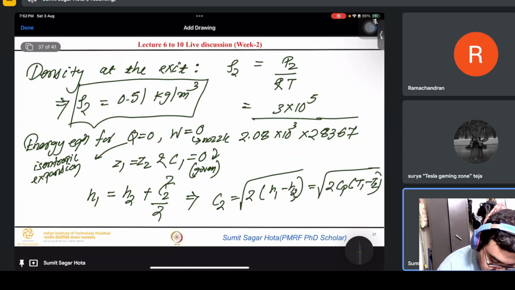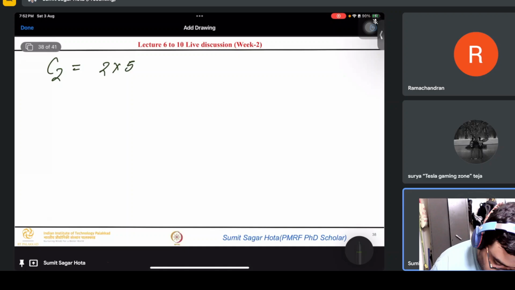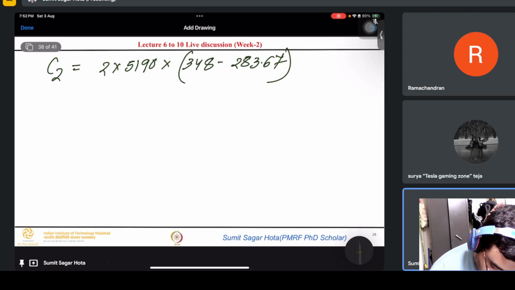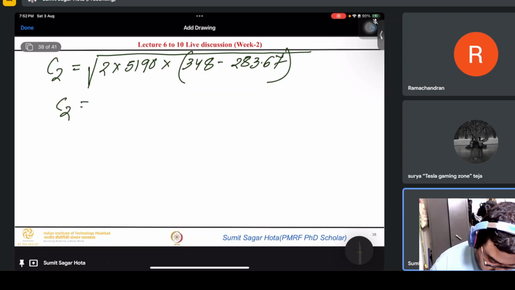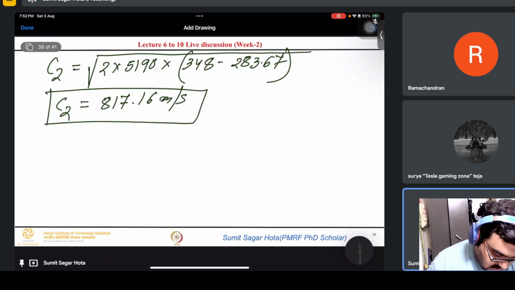So let's substitute then. C2 is equal to the square root of 2 into 5.19 into (348 minus 283.67). The C2 comes out to be 817.16 meter per second, which is more than Mach 2. So we need the mass flow rate per square meter at exit.